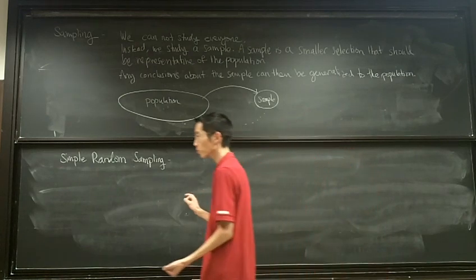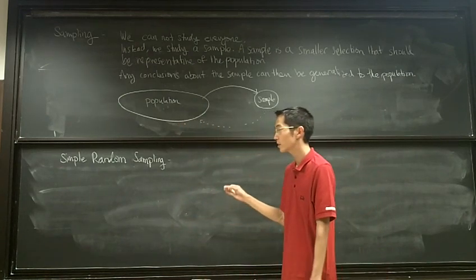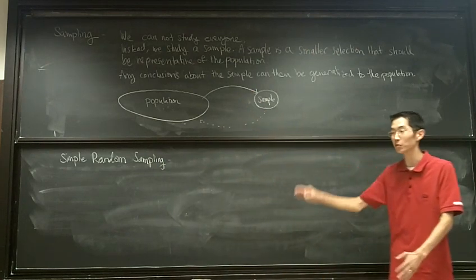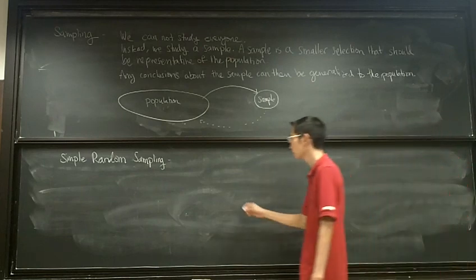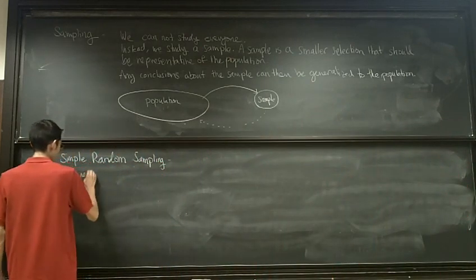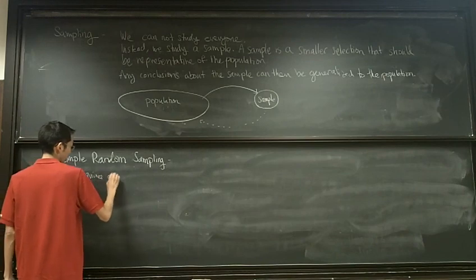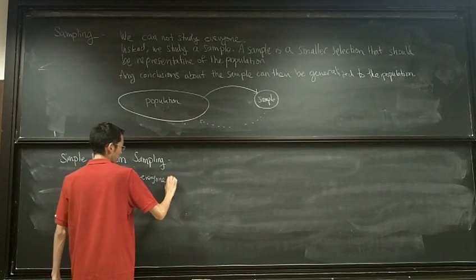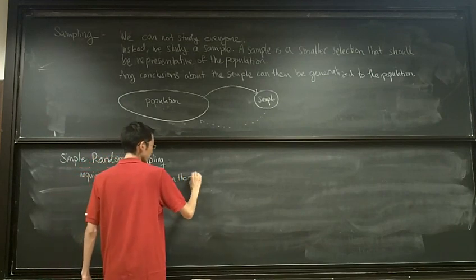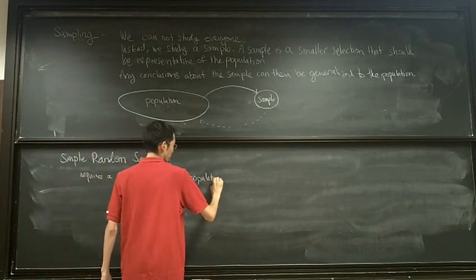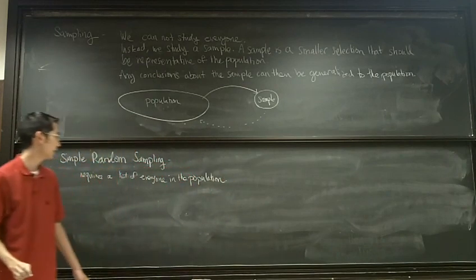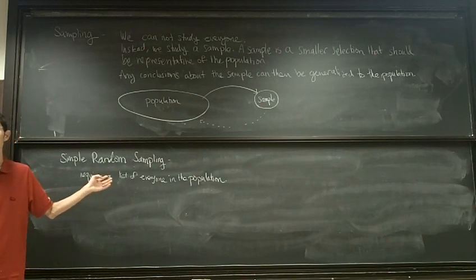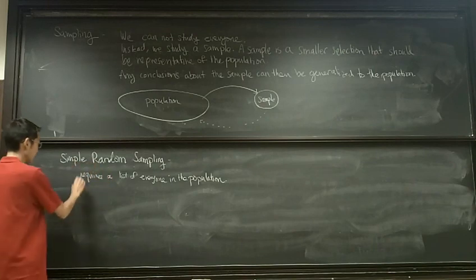Okay, what simple random sampling involves, it requires a list of every single person or every single item in the population. Okay, so it requires a list of everyone. And from that list, you randomly select individuals to be part of the sample. Okay.